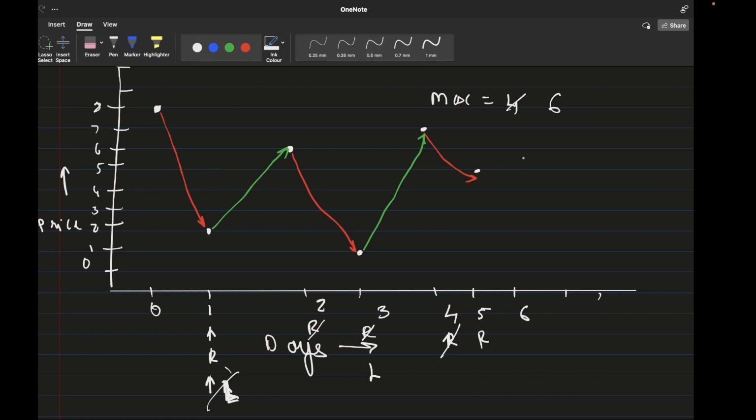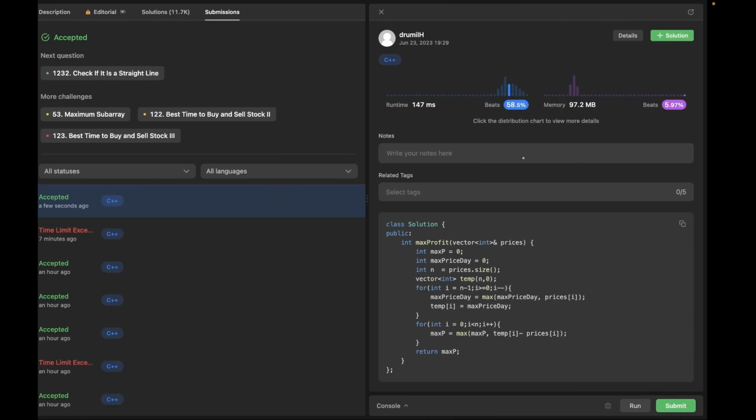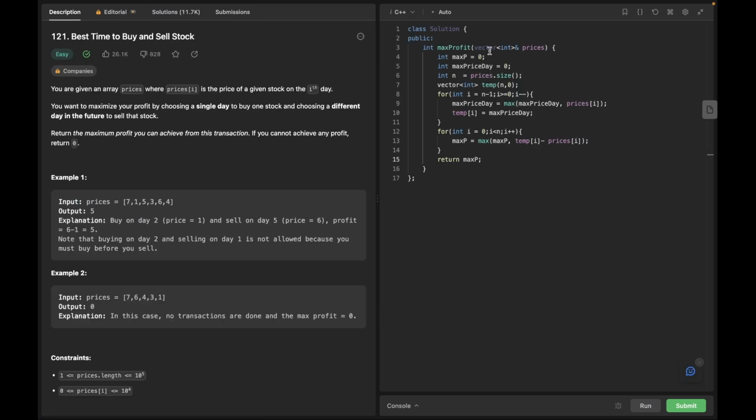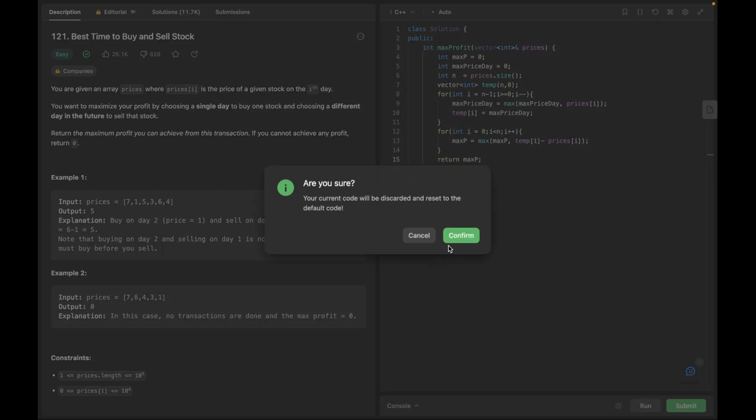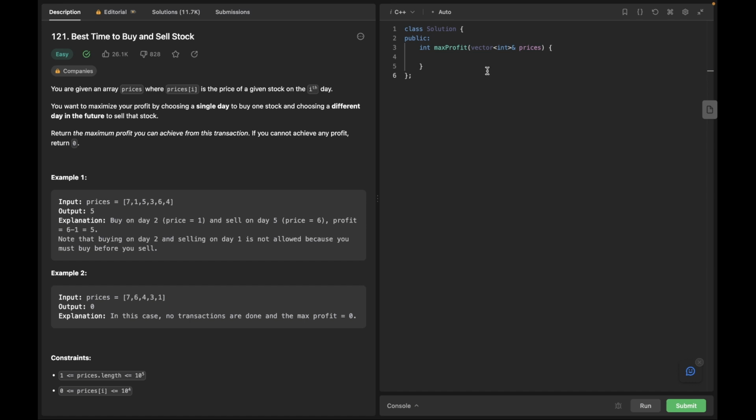Let's try and code this solution. Let's keep a variable to keep the maximum profit. Let's initialize it to 0. Let's keep a variable to store the size of the array so that our lives become easier.